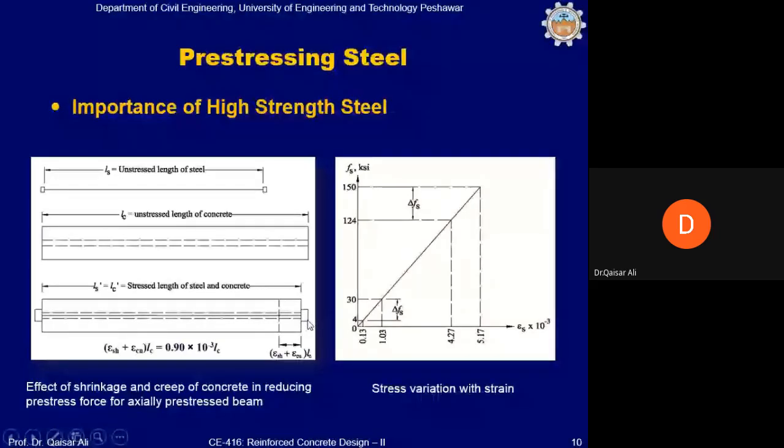When concrete gains its full strength, we cut the wire on this side and also on this side. So when we cut the wire on both sides, the bar, which is in this case grade 40 steel, will tend to regain its original length. Correct?